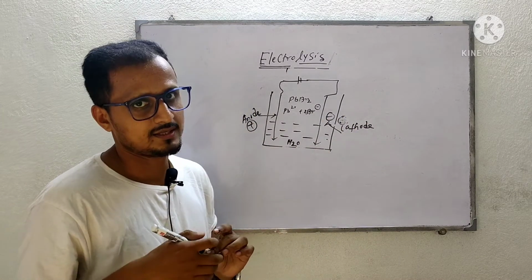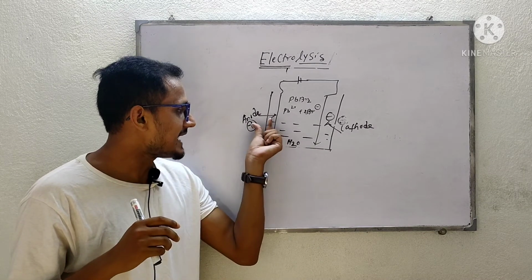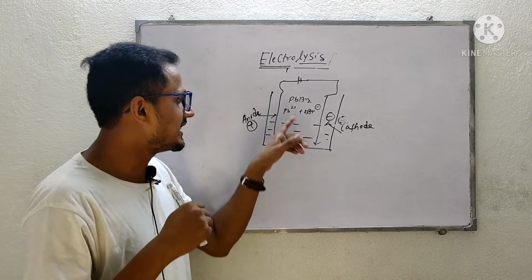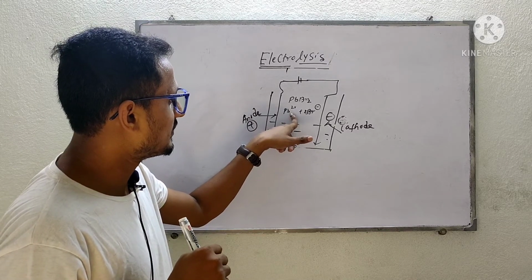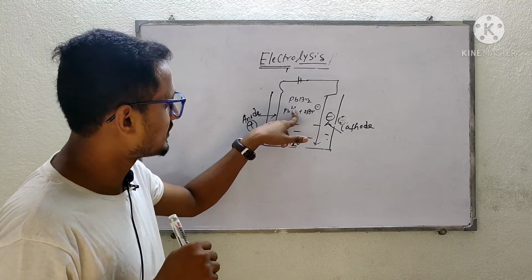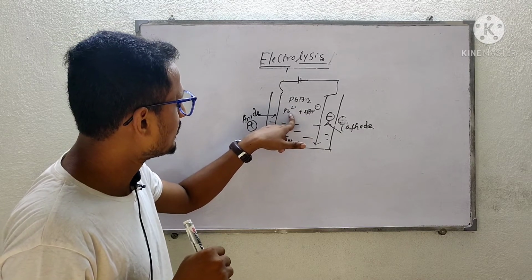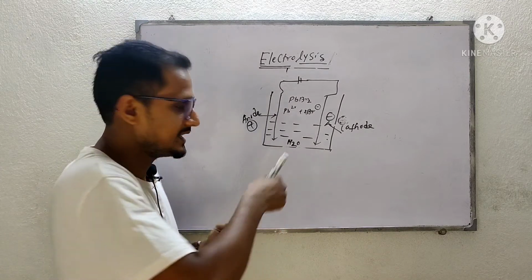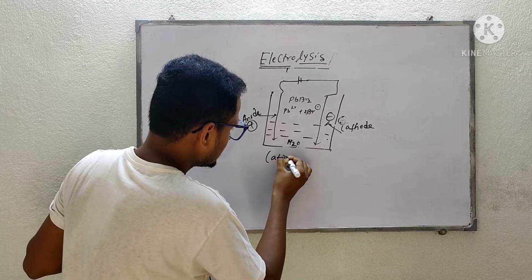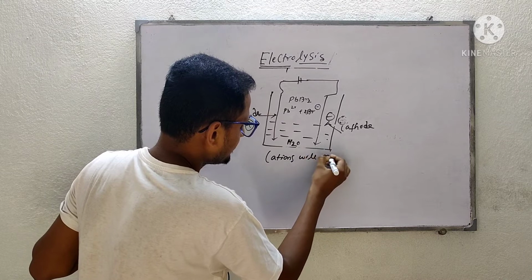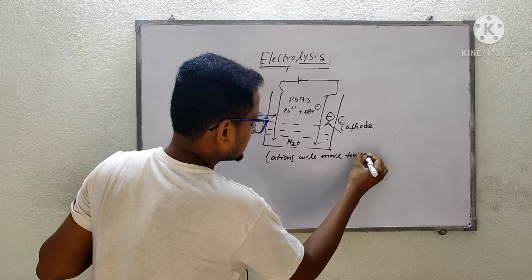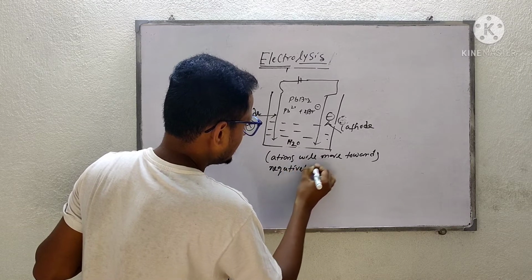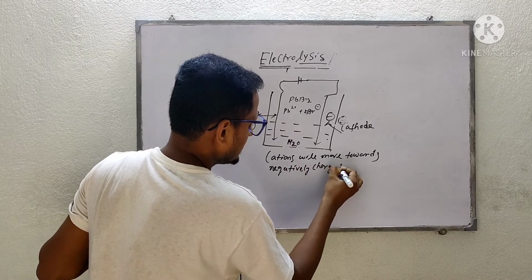Now we know that as the anode is positively charged and the cathode is negatively charged, cations are having positive charge. Okay, so these cations will go to the negatively charged electrode.